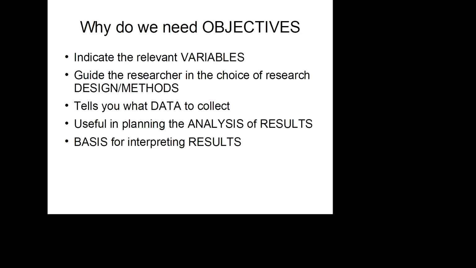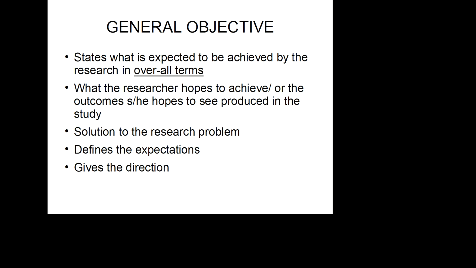So why do we need objectives? They indicate relevant variables. They give the researcher an idea of what research design or methods to use. They tell you what data to collect. They're useful in planning the analysis of results, and this is the basis for interpreting those same results. So the general objective states what is expected to be achieved by the researcher in overall terms.